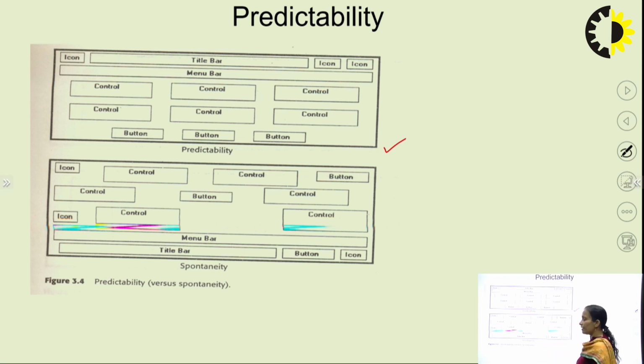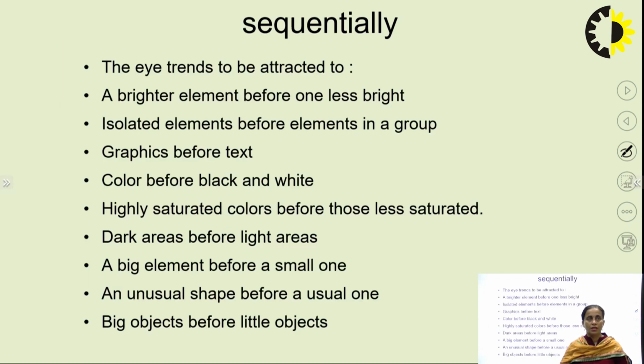This is the predictable behavior of placing the components on the screen. But this is the spontaneous behavior of placing any kind of component anywhere. The title bar is at the bottom, the menu bar is again at the bottom, and control components are placed anywhere. Icons and buttons are also randomly placed. So it shows the spontaneous behavior of placing the components on the screen.